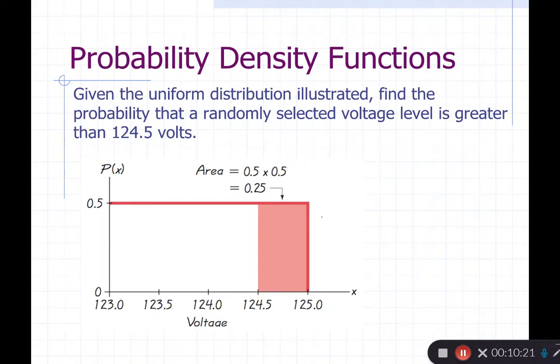All right, so here's an example of a uniform distribution. It's just a horizontal line. You can't get any simpler than that. That's why I'm starting with the uniform distribution. Now, area of a rectangle is base times height. And the base here is 2, 123 to 125.